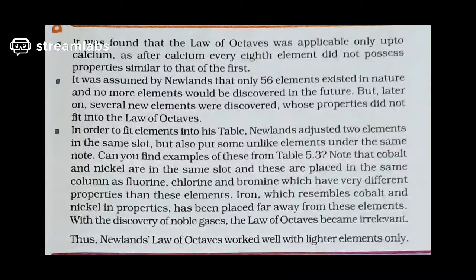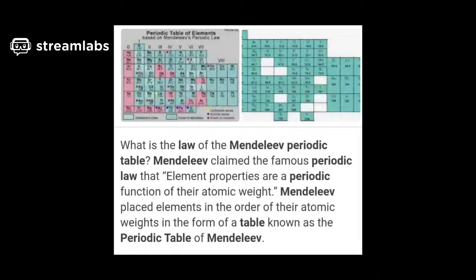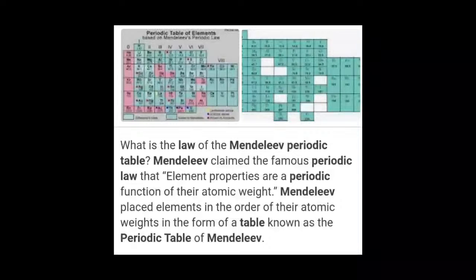And then Mendeleev's periodic table was quite improvised. He arranged the elements, about 63 elements, and he was quite confident in classifying.